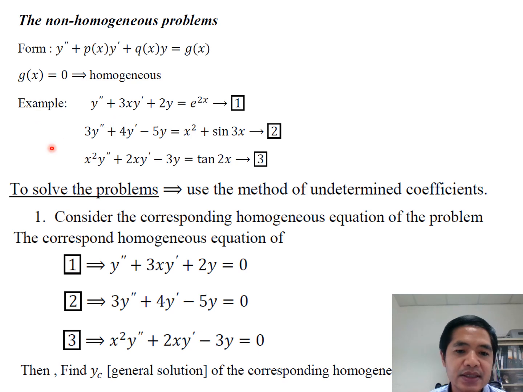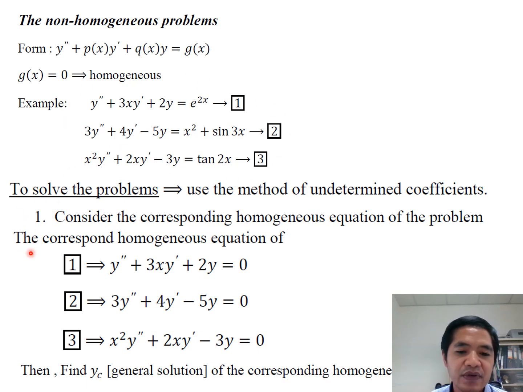And in this example, 3y double prime plus 4y prime minus 5y equals x squared plus sine 3x. This x squared plus sine 3x is the g(x) term, which is a non-homogeneous equation. And this one, tan 2x, is the g(x), and this is also a non-homogeneous equation.